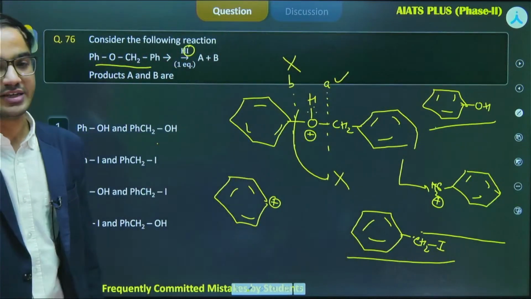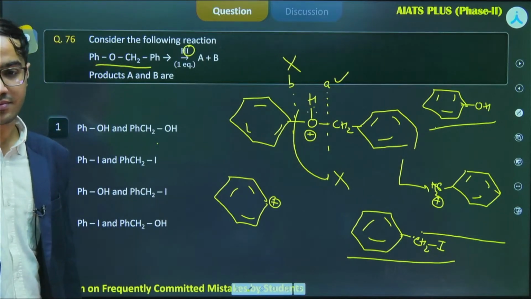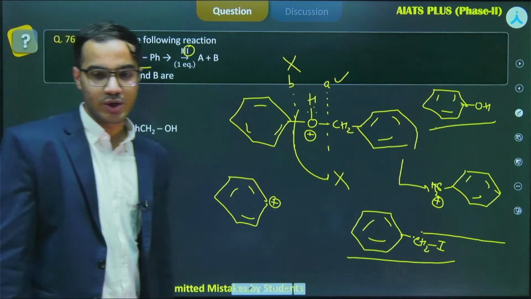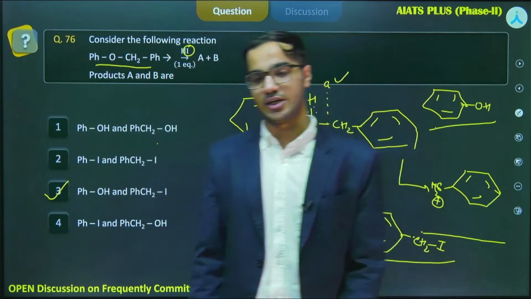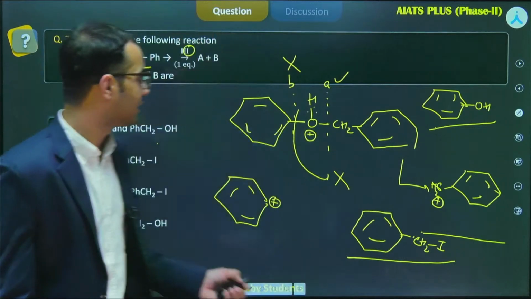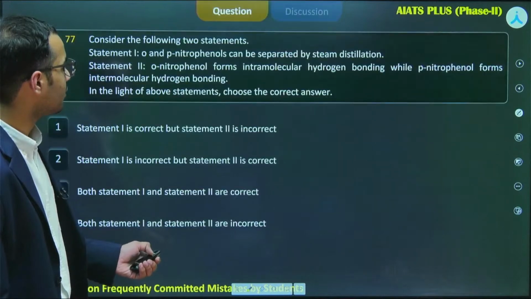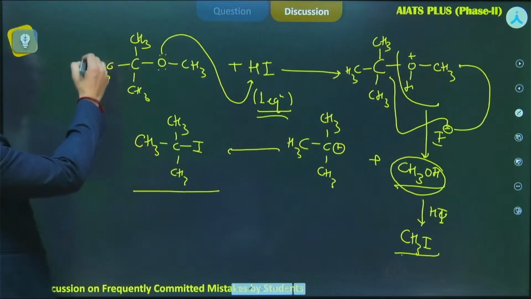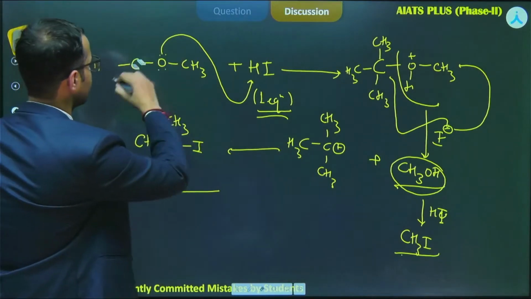I hope everyone is clear with this question. Aishwarya, can PhOPh react with HI? No, it can't be the case, because how will it be? Let us say you are having, just a second, let me delete it for you.